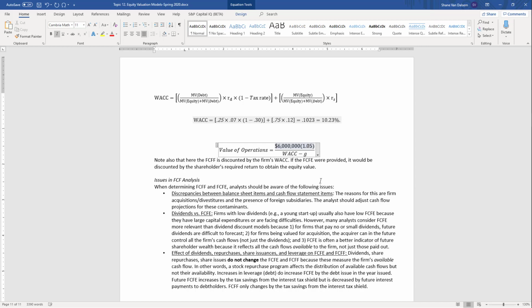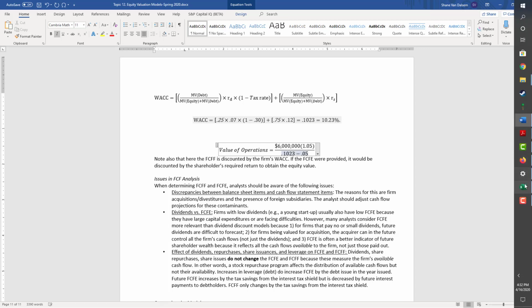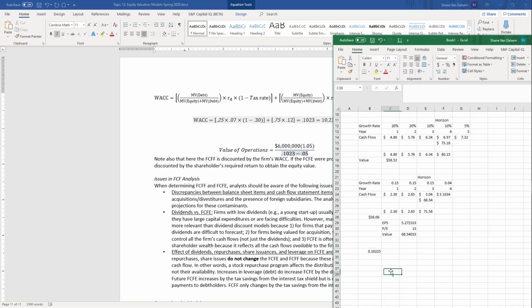Alright, so that is 6 million multiplied by 1 plus the long-term growth rate of 5%. Our weighted average cost of capital is 10.23%, and our long-term growth rate in those free cash flows is 5%. So our numerator is 6.3 million.